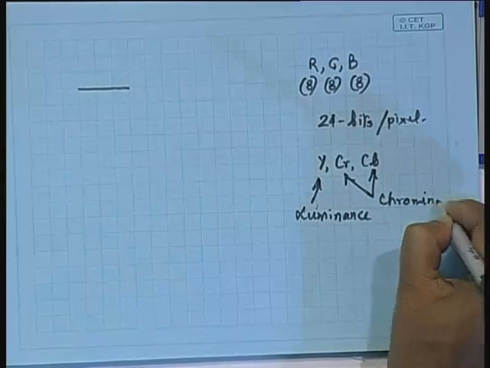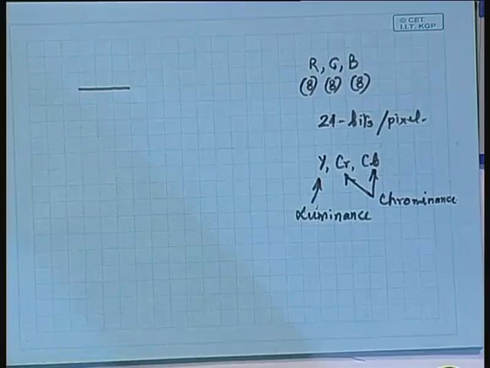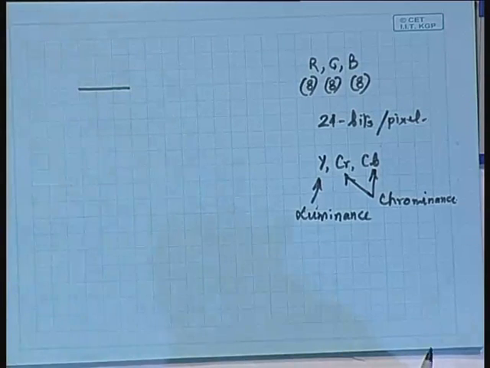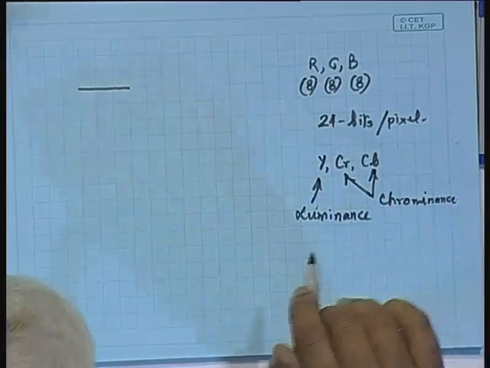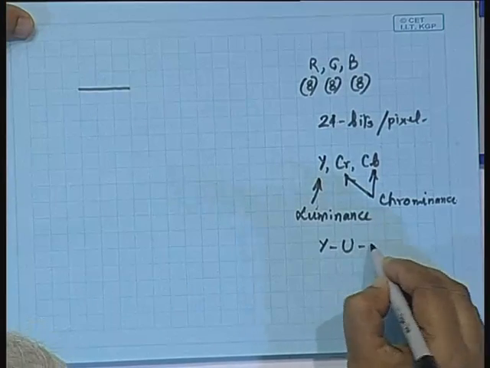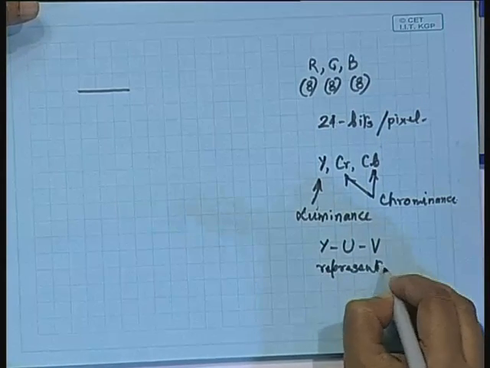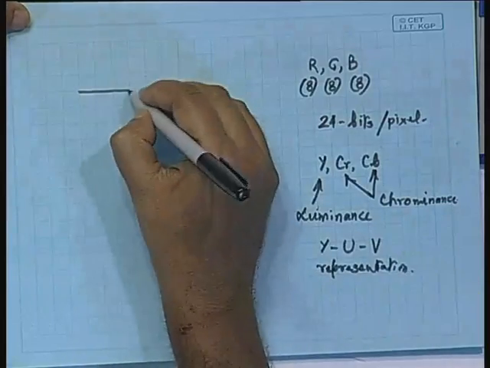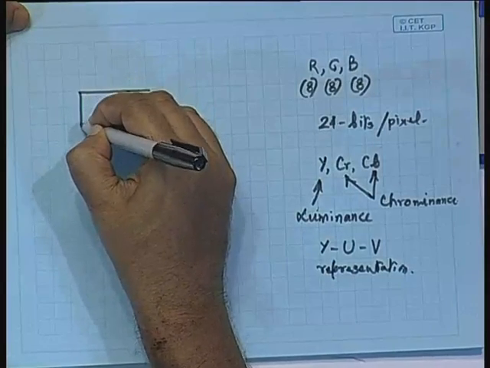The advantage of the luminance chrominance representation is that it takes the intensity and the color parts as separate ones. So, whenever we have such a luminance chrominance representation, YCrCb, which is sometimes referred to as the YUV representation, we take a 16 by 16 block size, a group of 16 by 16 pixels.